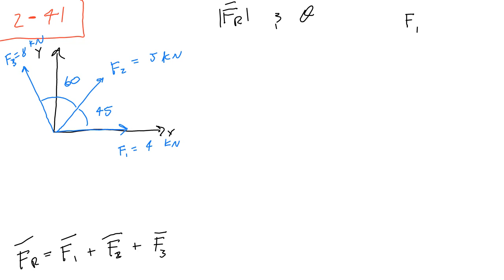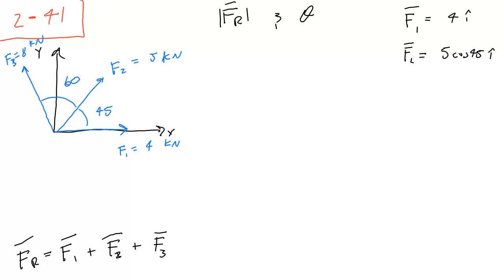F1 just has an X component, right? And so force 2 has an X component that we can write as 5 cosine of 45, right?